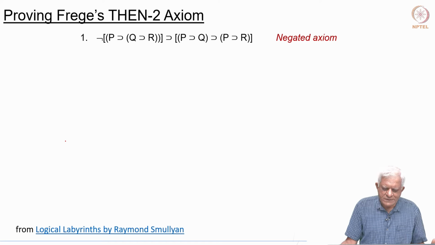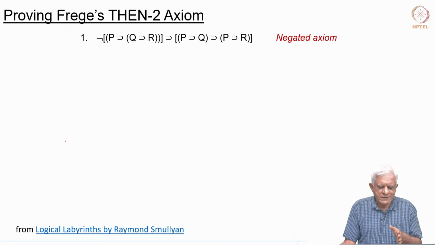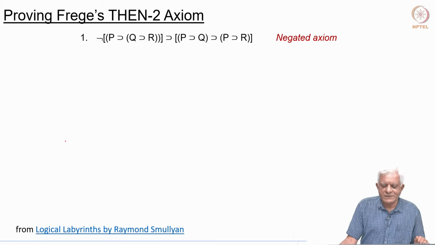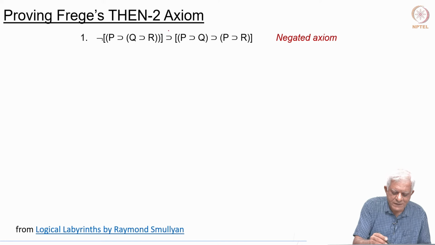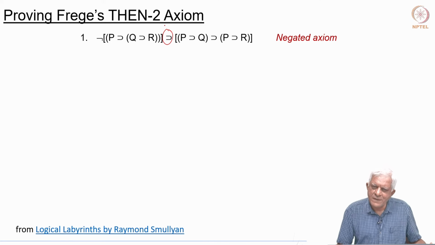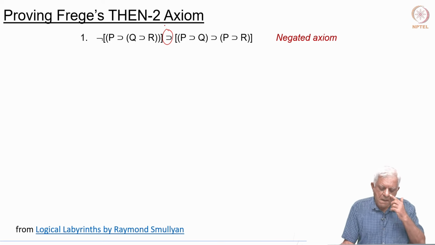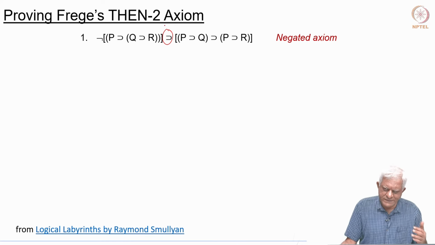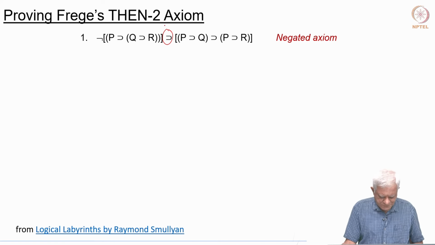So, we want to show that Frege's axiom is true, and we want to show that the order of processing connectives is important essentially. Of course, here initially we do not have any choice, because there is only one main connective. So, we will have to process that, but subsequently when we get more formulas in the column, which one to pick is going to change the size of the tableau that we will construct.